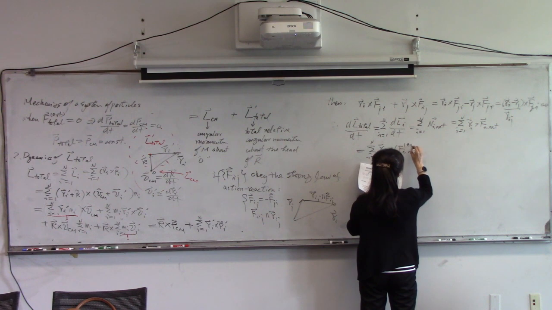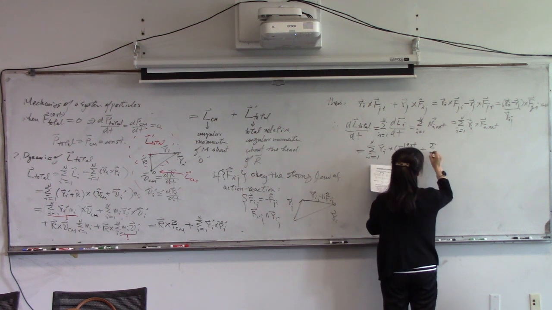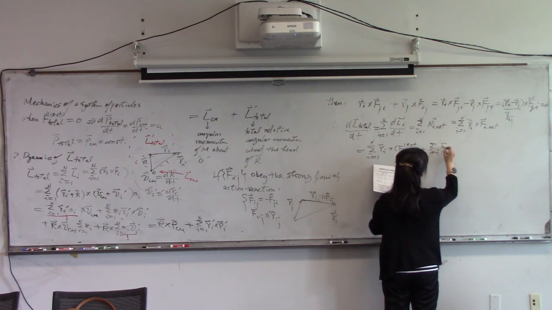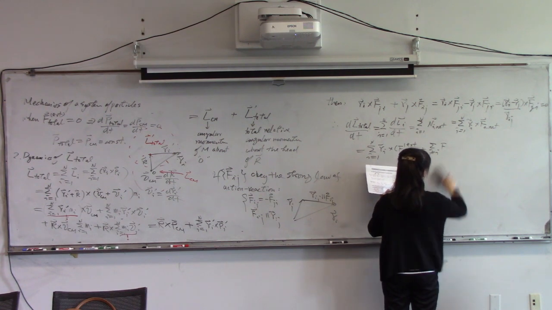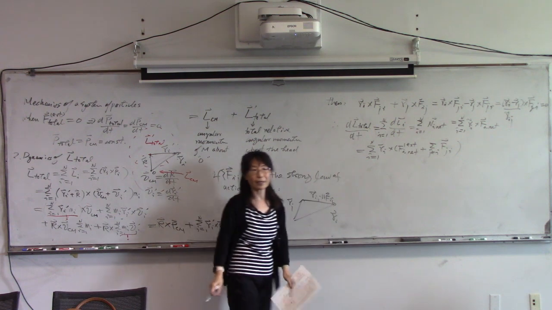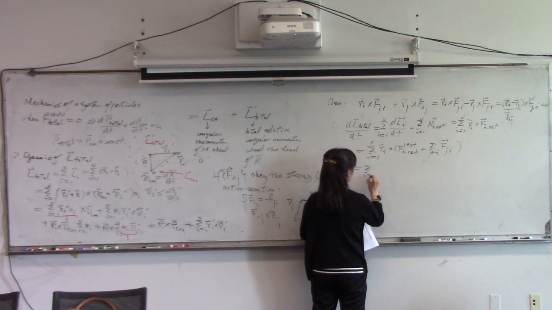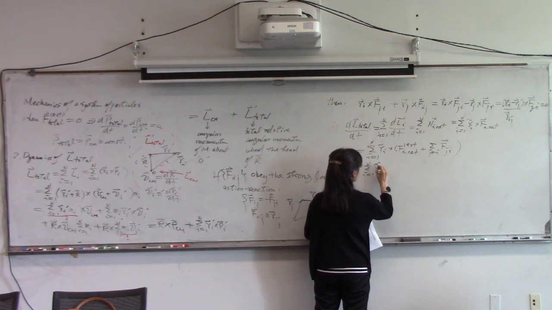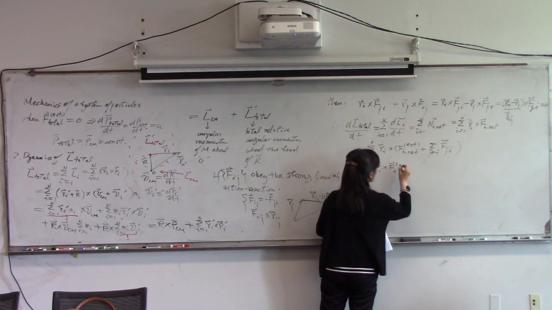Net external, plus the summation over j not equal to i of Fij, or Fji, the j-th particle on the i-th. So we have this. The first term, let's keep it: the sum from i equals 1 to N of Ri cross the net external force.